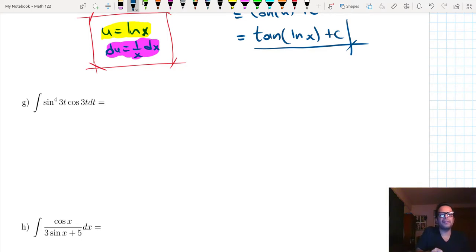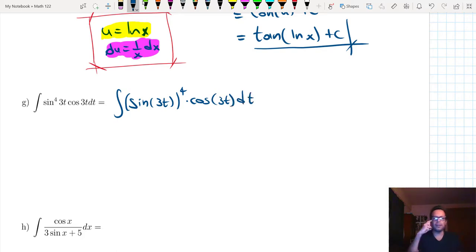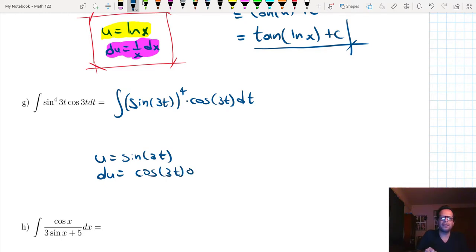Let me rewrite this in the following way: sine of 3t, the whole quantity to the fourth power, times cosine of 3t dt. So we are going to set u equals sine of 3t. du will be the derivative of sine, which is cosine of 3t dt.